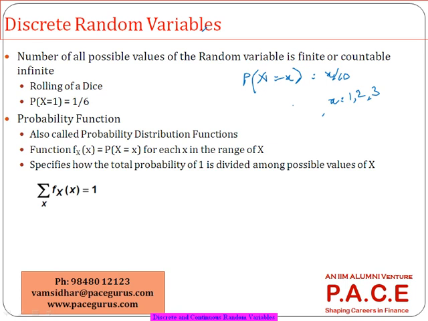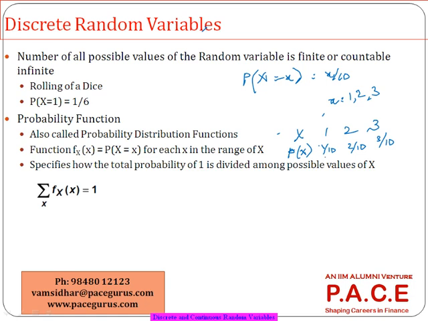Is this a probability distribution? Now how do I check it out? Take all the possible values of x. These are the possible values of x. What are their corresponding probabilities? The probability is, we said, x by 10. So if x equal to 1, it becomes 1 by 10. If x equal to 2, it becomes 2 by 10. For x equal to 3, it becomes 3 by 10.